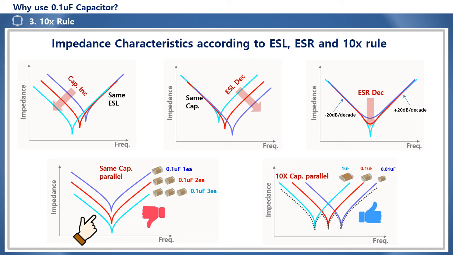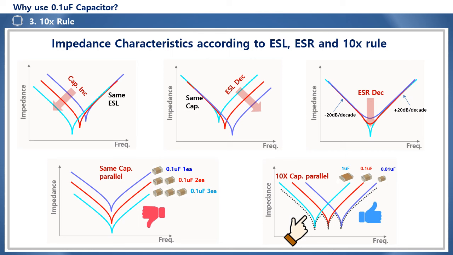And only the equivalent ESR value decreases by 1/n due to the parallel equivalent characteristic of the resistor. Therefore, we can see that increasing the number of parallel connections for the same capacitance has no effect on the frequency band.